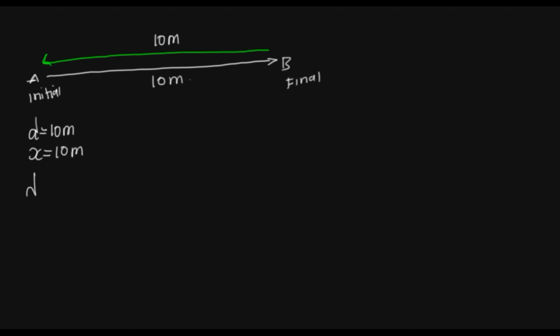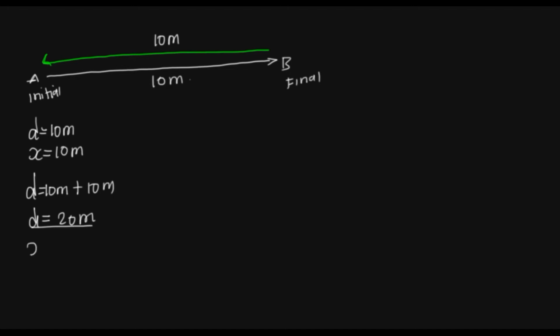Here, we need to add the two distances: the one going and the one coming back. So 10 meters plus 10 meters, our distance is 20 meters. And remember, distance is always positive.